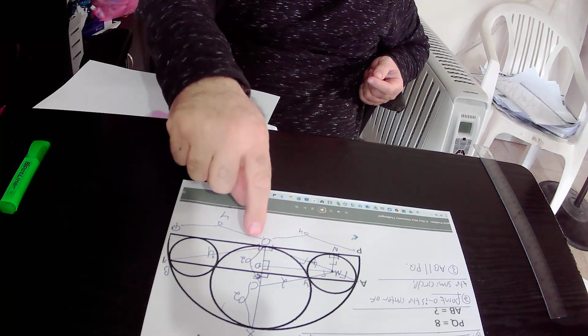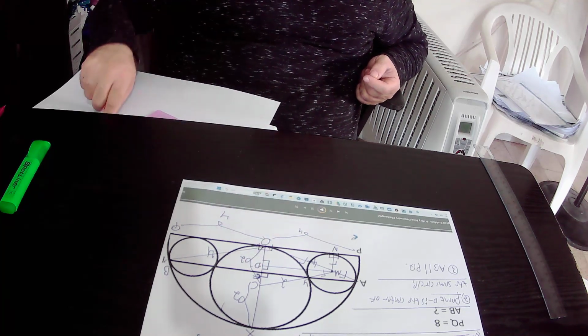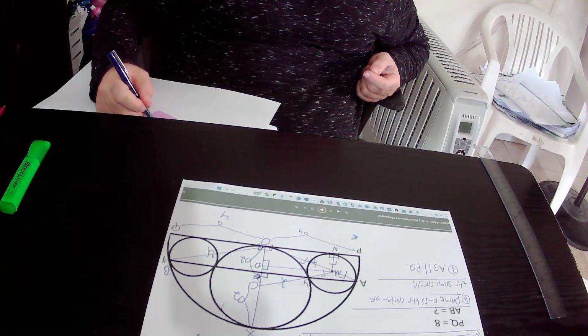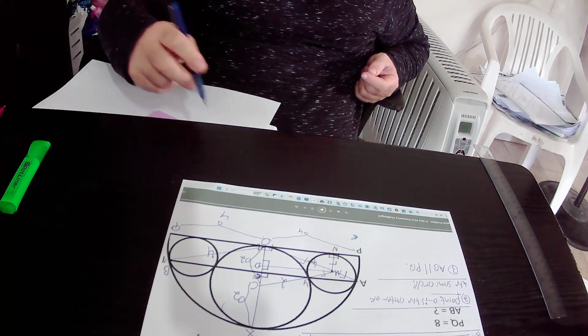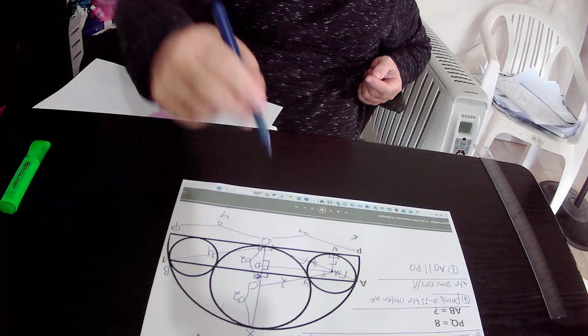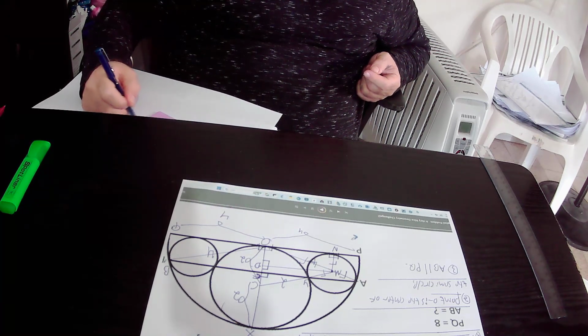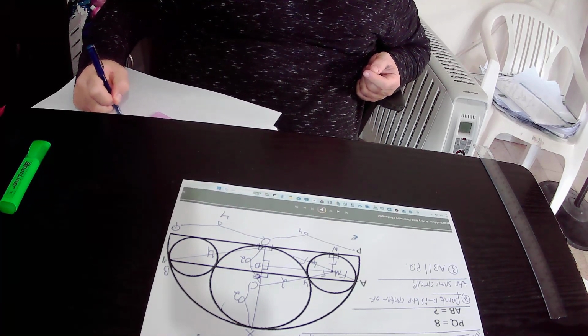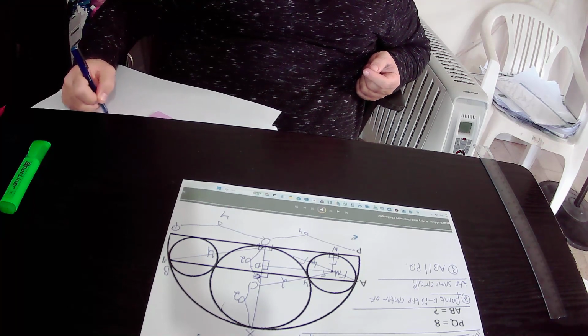That is to say, here is 90 degrees plus angle OEB, this angle, must be equal to 180 degrees.